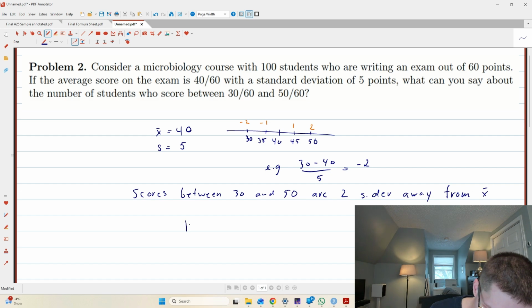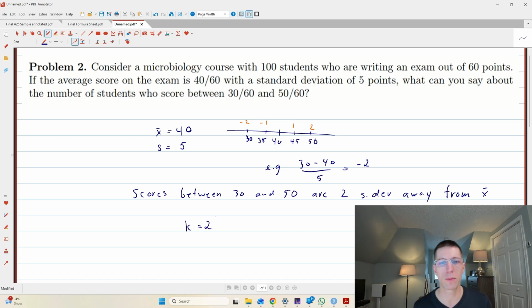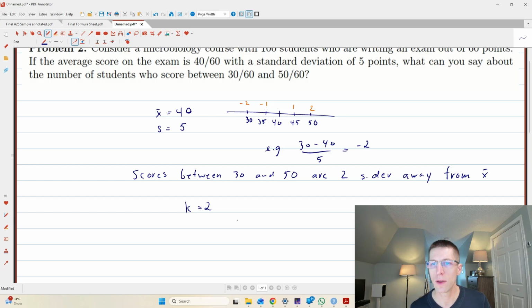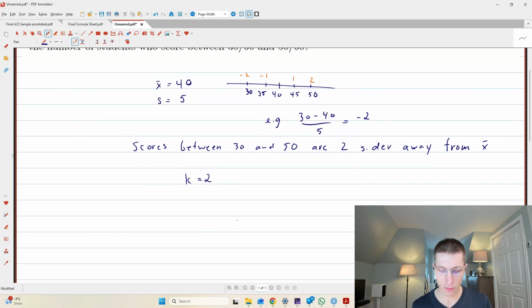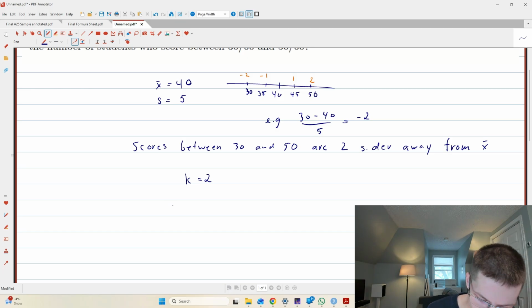When we did Chebyshev's rule, we often used the letter K to denote that number of standard deviations. We're not told that this is a symmetric mound-shaped distribution. We don't know it's normal, so we can't use the empirical rule with the information we're given. So we appeal to Chebyshev.